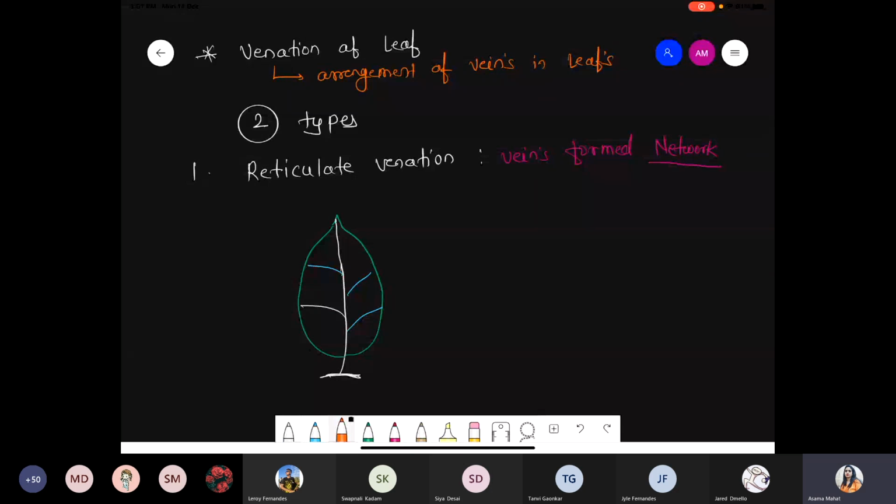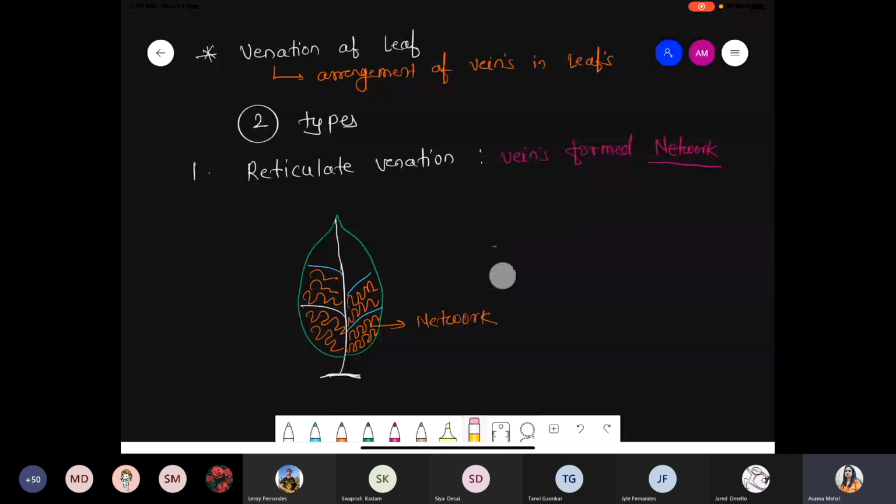Just draw zigzag zigzag zigzag in any direction, not a specific pattern. Like this. So what is this? This is called the network. The veinlets form a network. Such a condition is called reticulate venation, and we are writing the example.